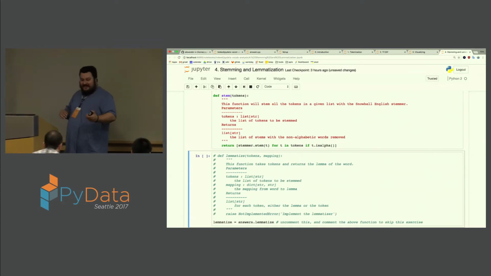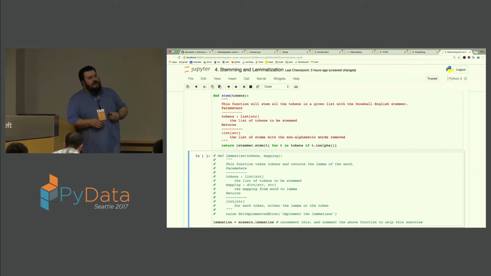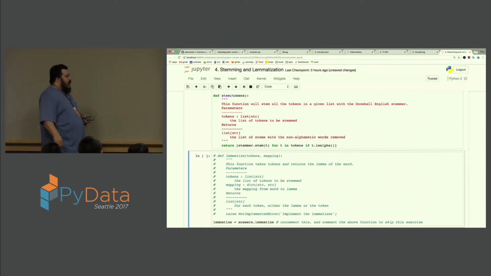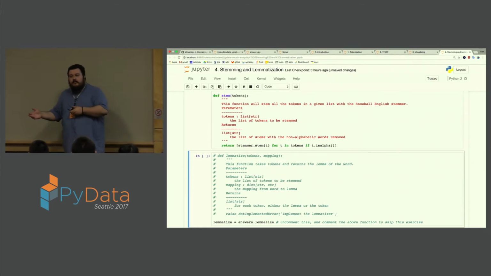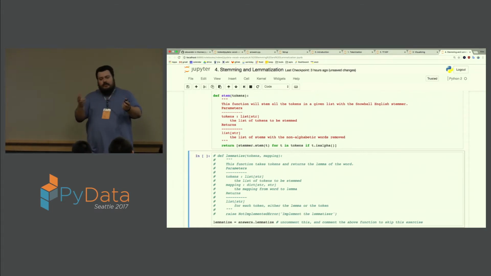Okay. So Porter stemmer is a very frequently used and well-known algorithm for removing suffixes from English words. The person behind that and a few other people made a special language for implementing stemmers called Snowball.